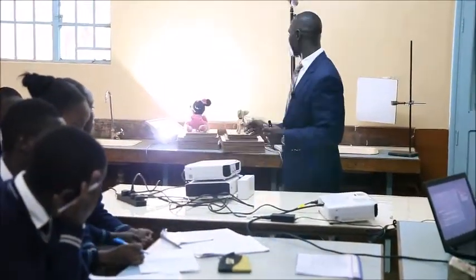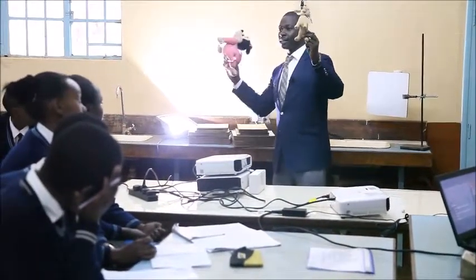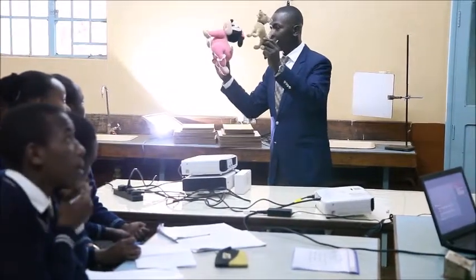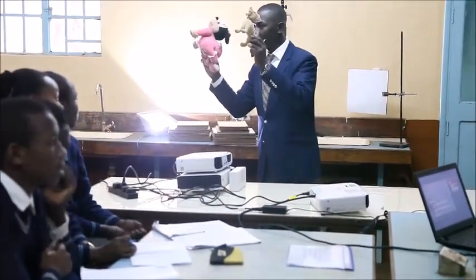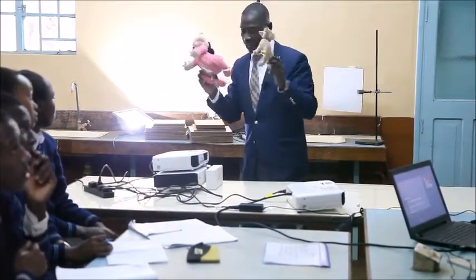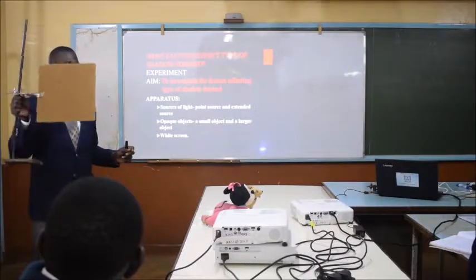We will also use opaque objects. We have our opaque objects here that we shall use to see how the shadow formed varies depending on a number of factors that we shall be looking at. We still have more opaque objects that we shall use at this point.